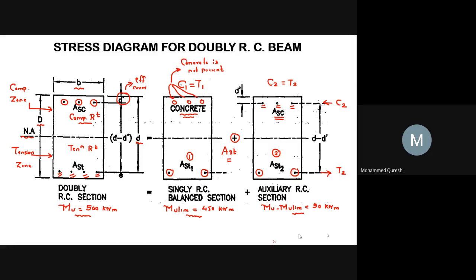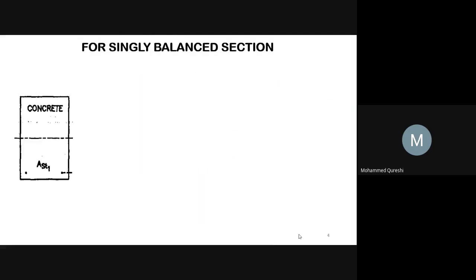Now we will go for each section, that is the singly RC balanced section and the auxiliary RC section. So in our singly RC balanced section, as we know, here C1, that is the force of compression in concrete, will be equal to 0.36 fck b xu.